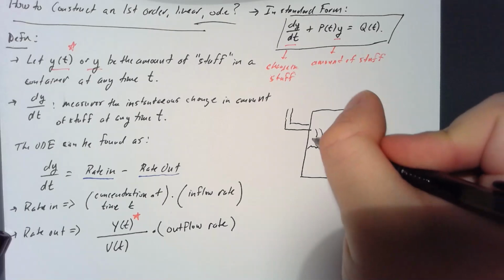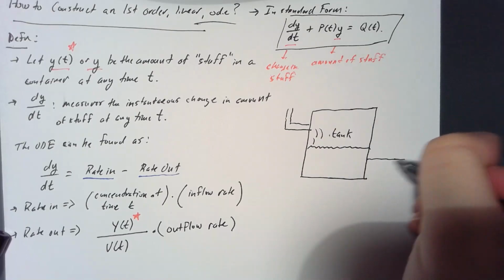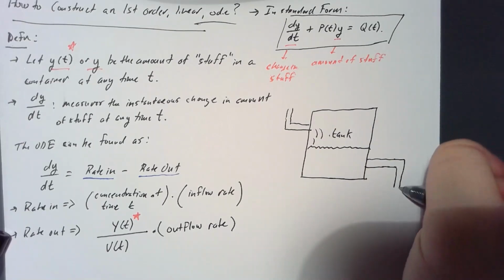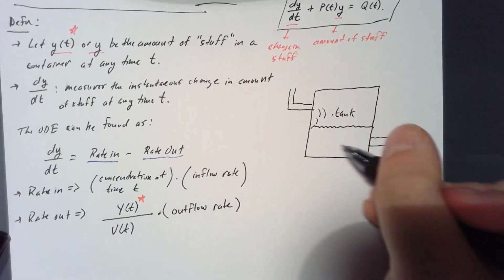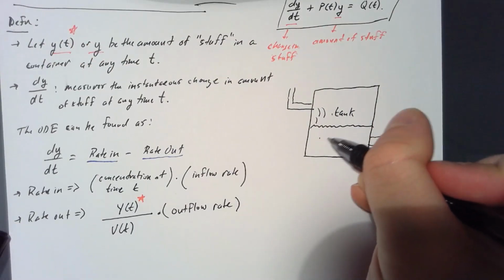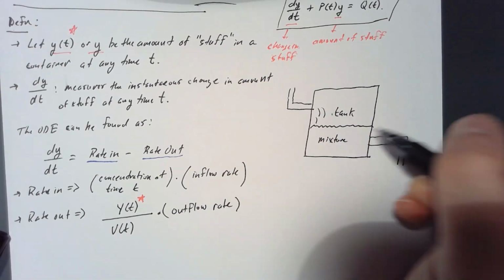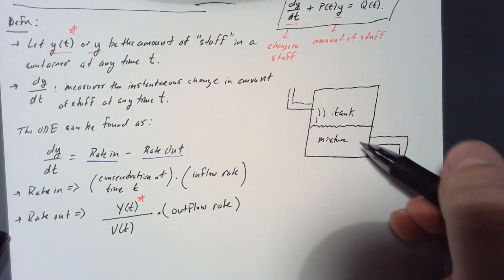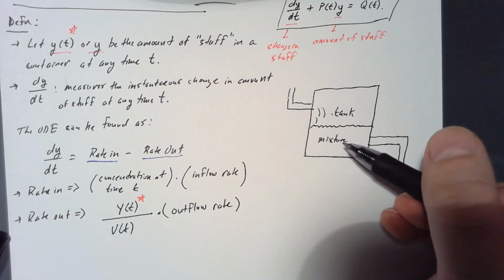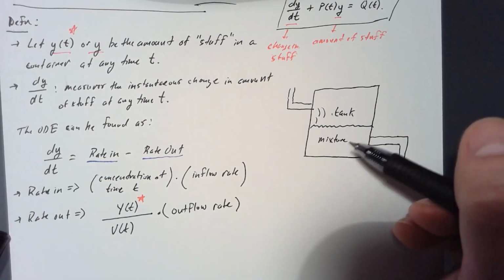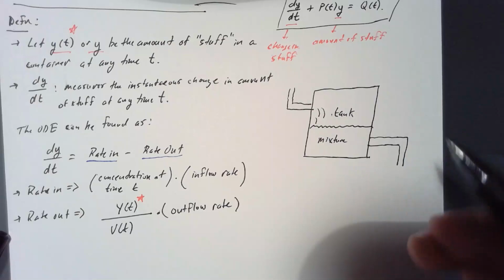So stuff is coming in, and then stuff is leaving the tank. So here's my mixture, and the mixture contains water or some kind of liquid and stuff. The stuff could be salt, it could be whatever, it doesn't matter.